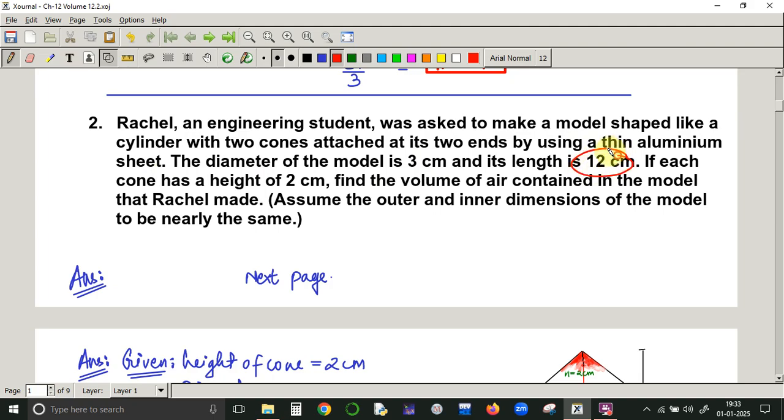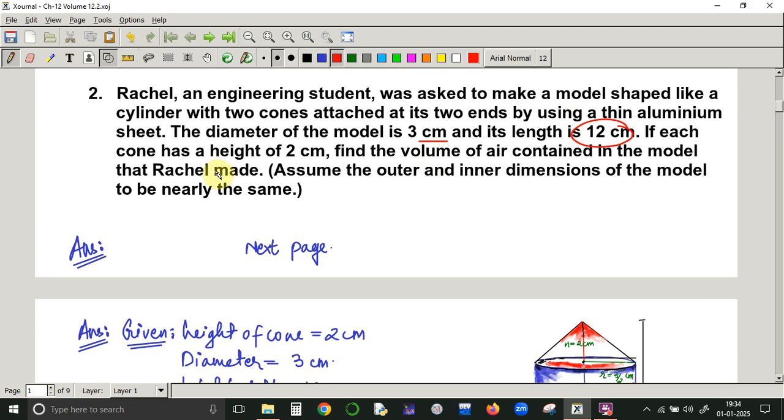So total length is 12 centimeter and the diameter of cylinder and cone is 3 centimeter. If each cone has height 2 centimeter, find the volume of air contained in the model.